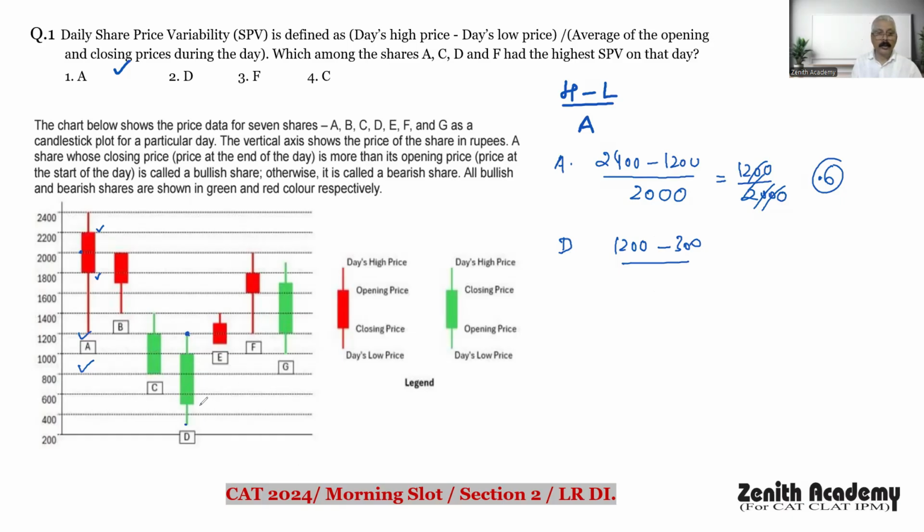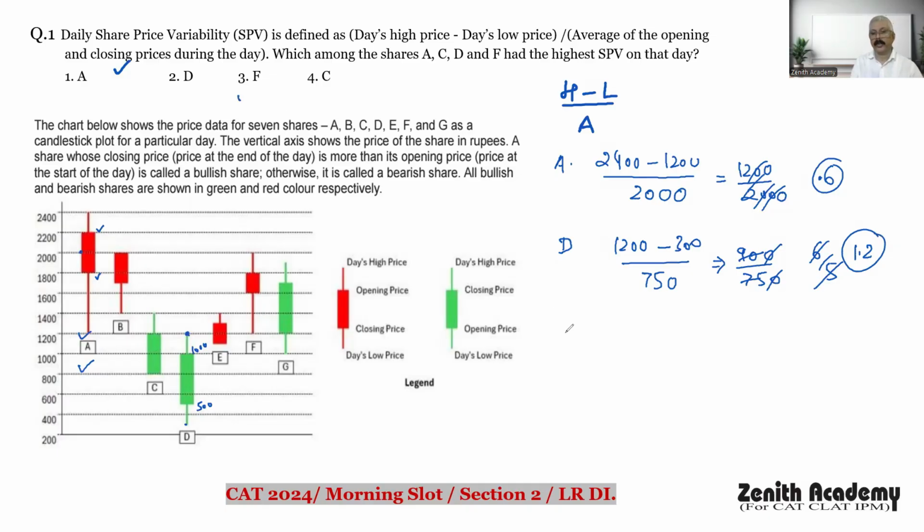So here it is 500 and this is 1000, so the average will be 750. So this is 900 upon 750, which is 6 by 5. It is 1.2.